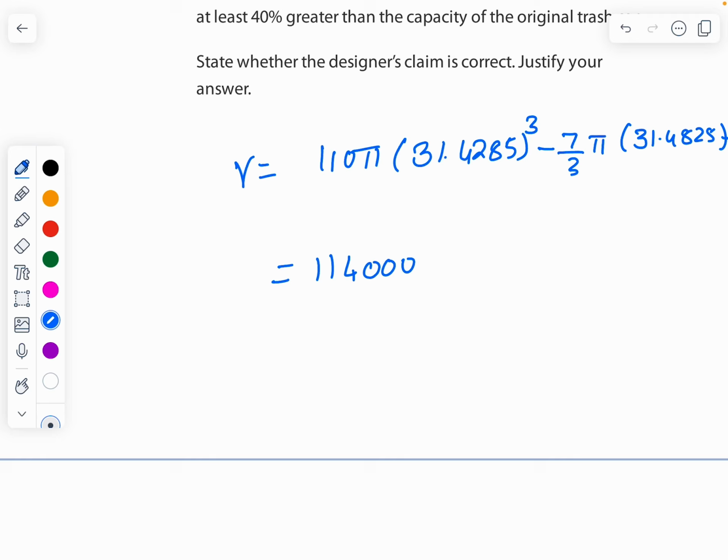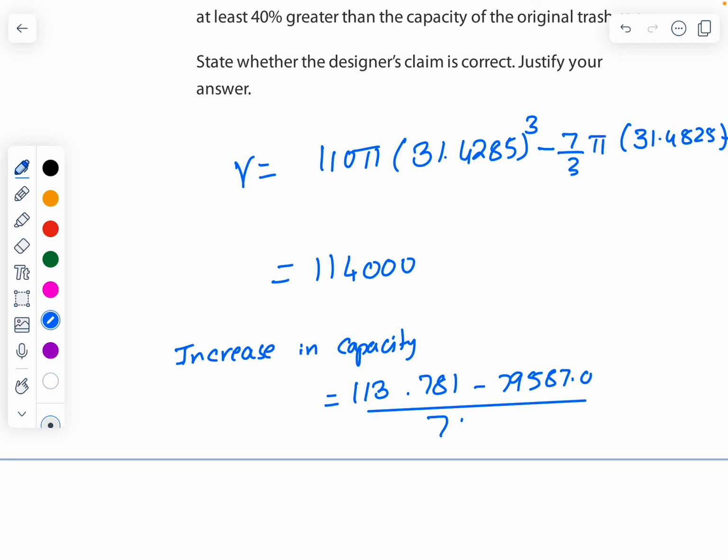Now, what is the increase in the capacity? Increase in capacity will be 113,781 minus 79,587.0, divided by 79,587.0, times 100.